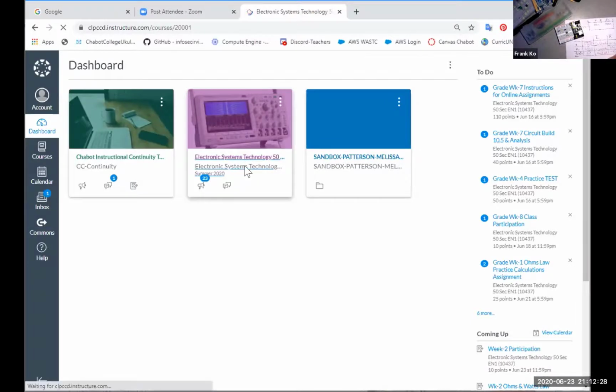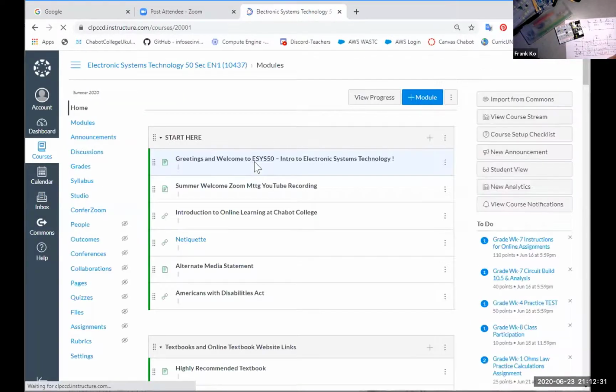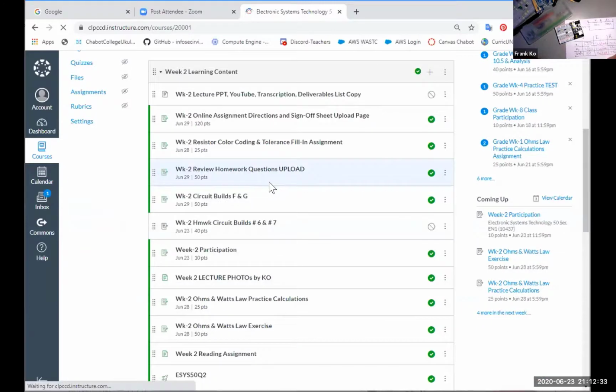Dashboard, cool. All right, so there are several things you can do between now and Thursday. I will put in here our PowerPoint. Notice that it doesn't have a green dot, so I haven't activated it yet.